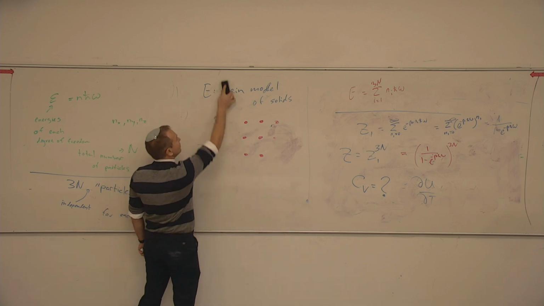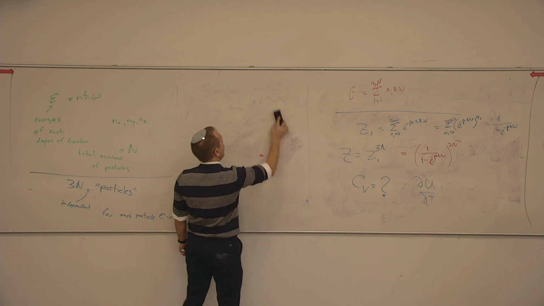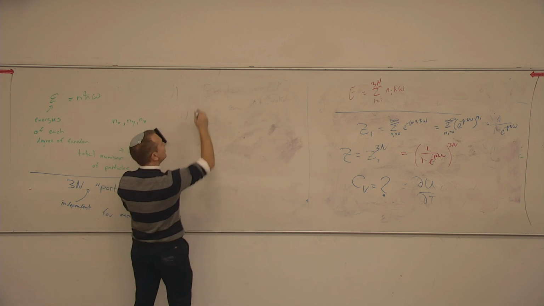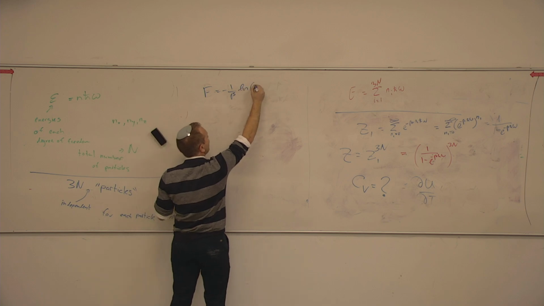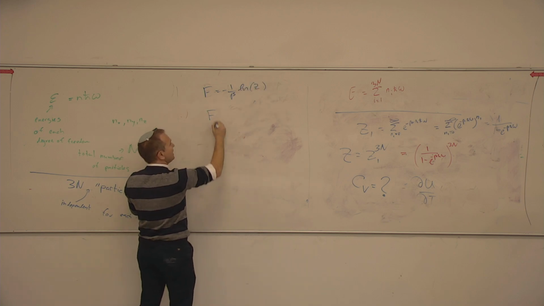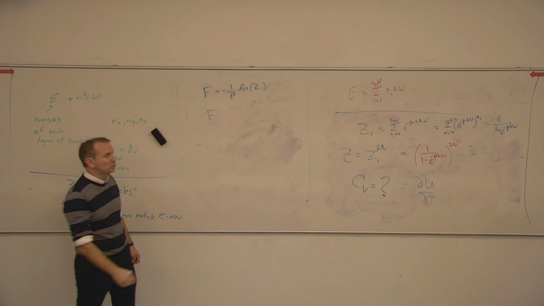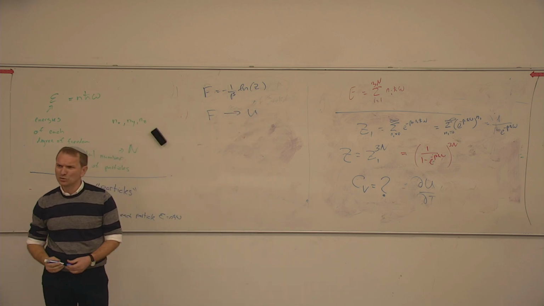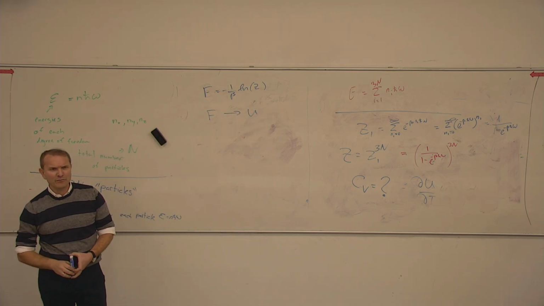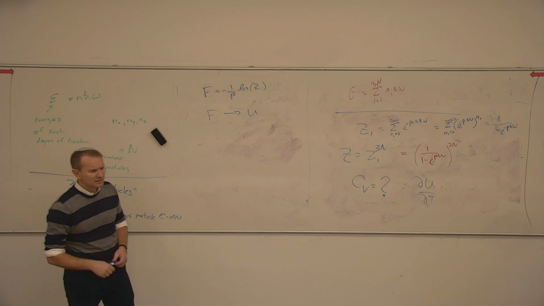So basically we say, all right, I can calculate the free energy, and it is minus 1 over beta log of Z, and then I can take U out of F. So you have to take some sort of derivative of F with respect to beta, etc.